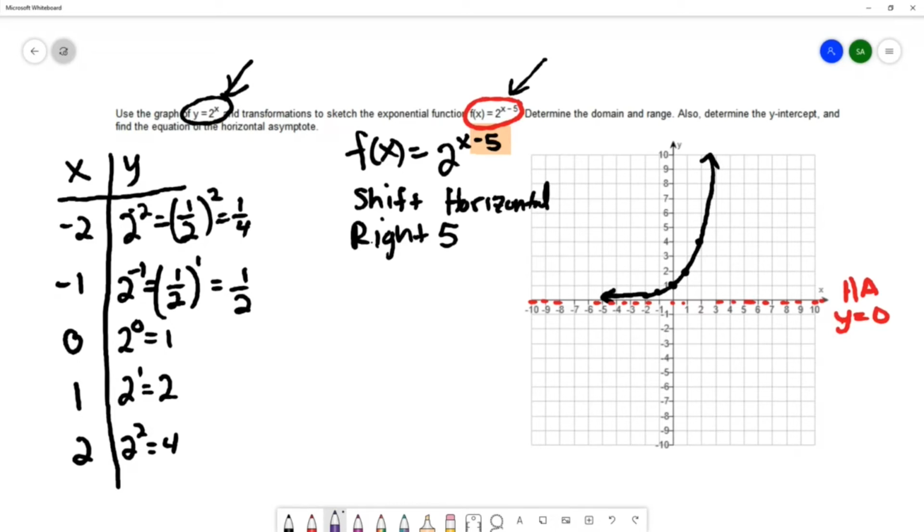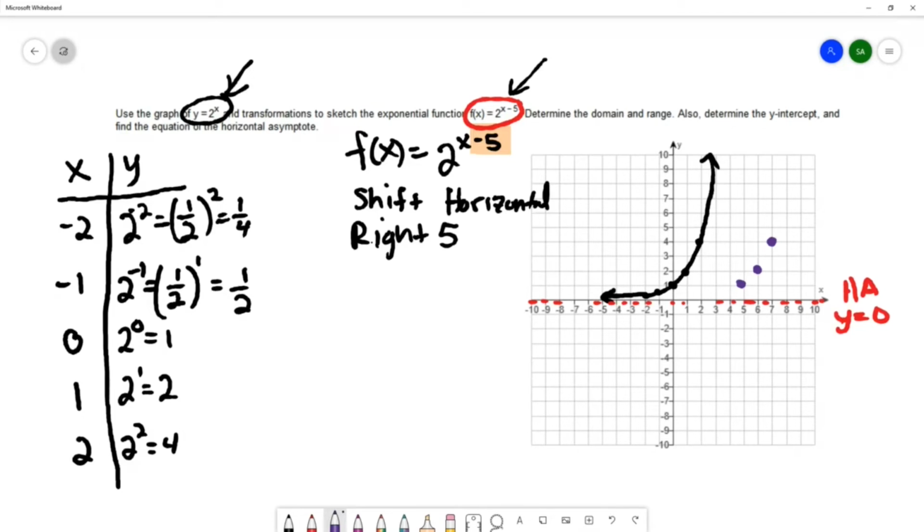So this point that is 2, 4, if I move that to the right 5, we will be at 7, 4. We have this point 1, 2, which will move to the right 5, and it'll be at 6, 2. 0, 1 will move to 5, 1.